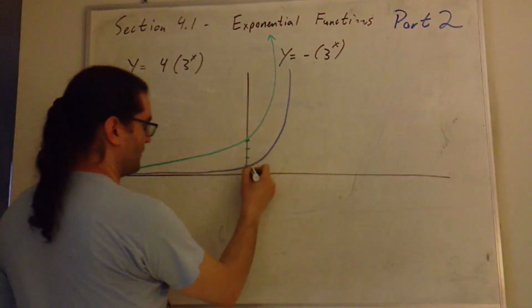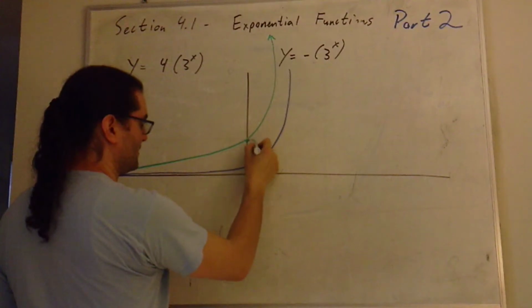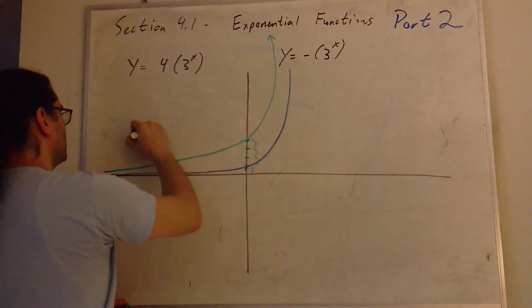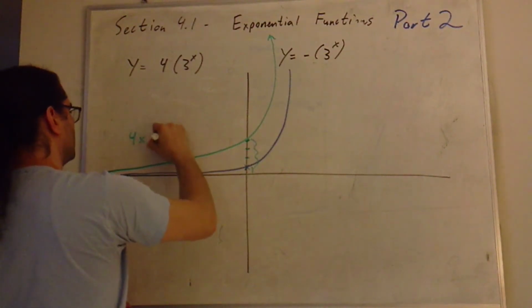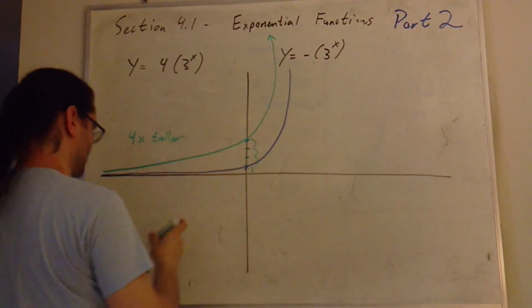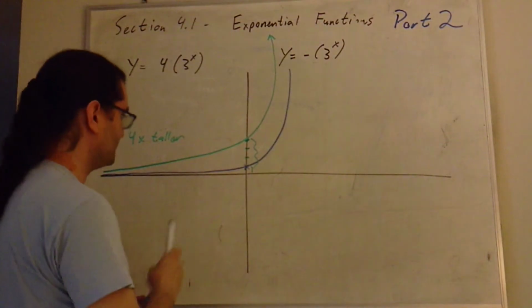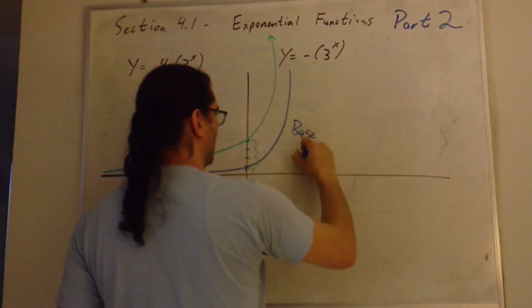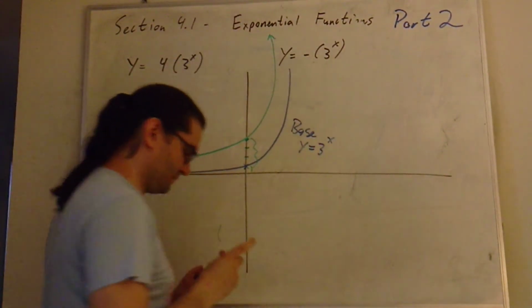So whatever this distance is, this is 4 times that distance. Green is 4x taller. Blue is the base. Y equals 3 to the x.